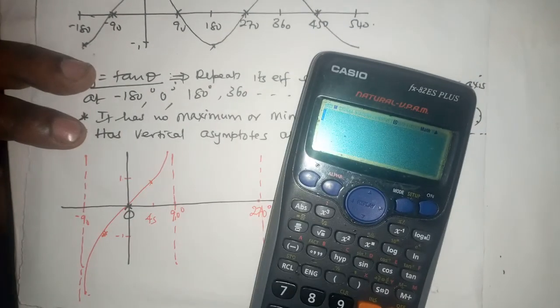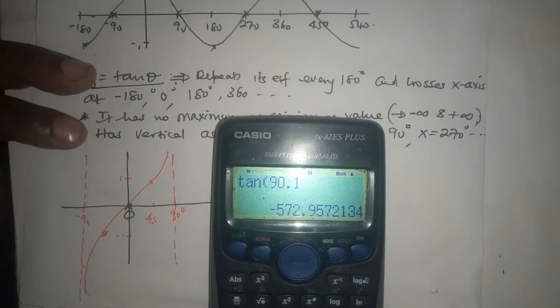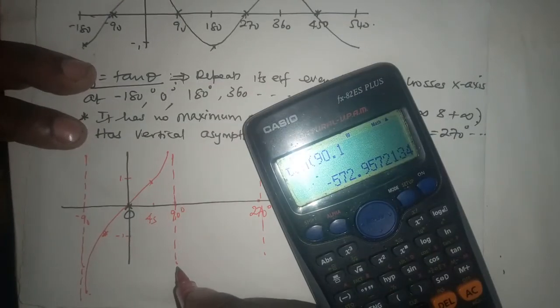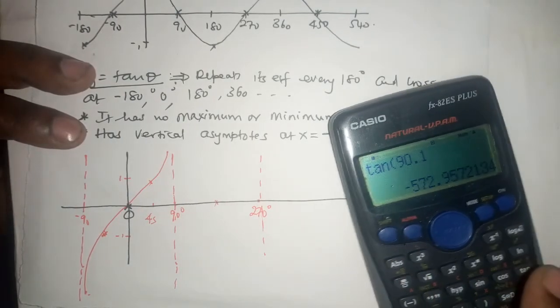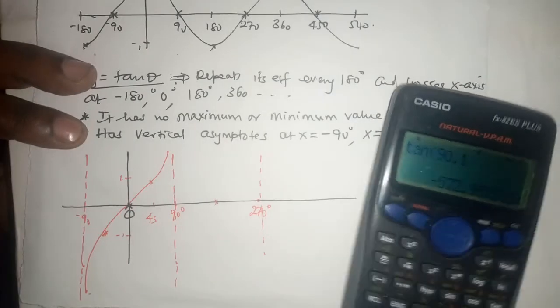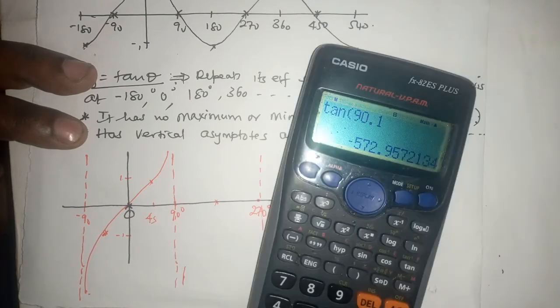What is the tan of 90.1 degrees? Again, negative 572. So again, very far away to the negative side. So you can already see that this one is coming far away from an asymptote.